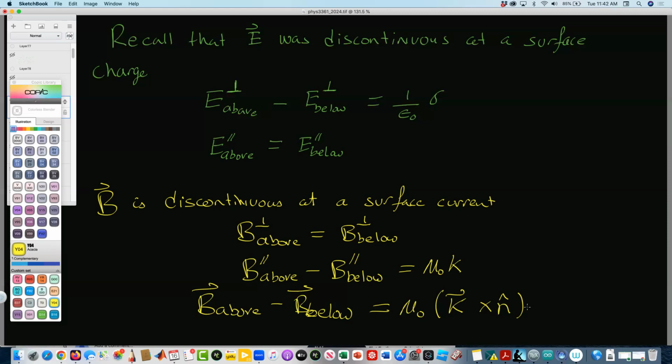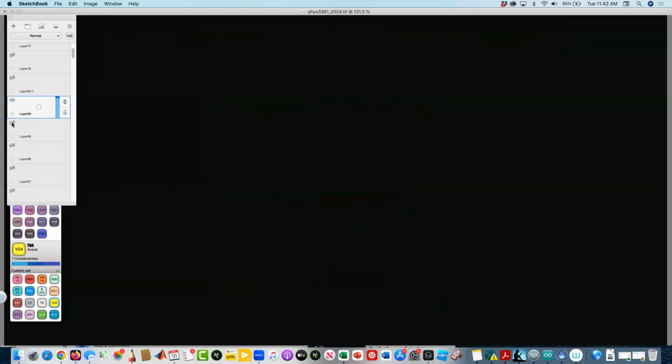And also we had conditions on the scalar potential in boundary conditions, similar things here with A. We'll have some boundary conditions for A. So let's write those down. A above is just equal to A below, but the derivative is discontinuous, just like we had before with the potential.